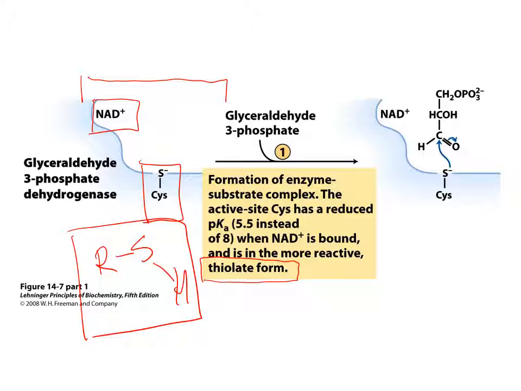So when glyceraldehyde 3-phosphate comes into the enzymatic site, the carbon in a carbonyl group here makes a covalent bond by sulfur attacking carbon and releasing an electron here to oxygen.